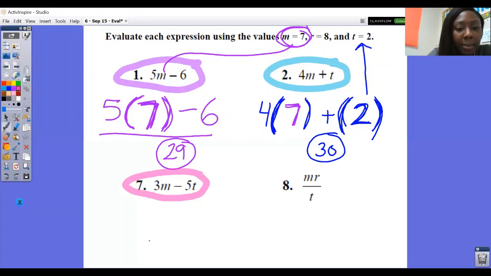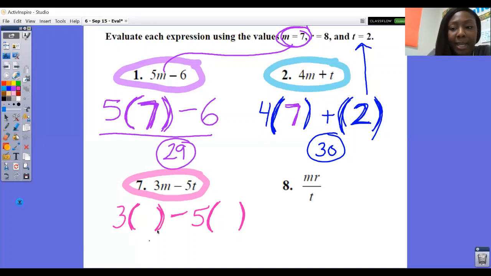So I'm going to replace all the variables with parentheses because I have to substitute numbers instead of letters. So I wrote my 3, then I put a set of parentheses because the m needs to get plugged in there. What is m? Look back up at the top. It tells me that m equals 7. So that's why I'm going to plug a 7 into the parentheses right there.